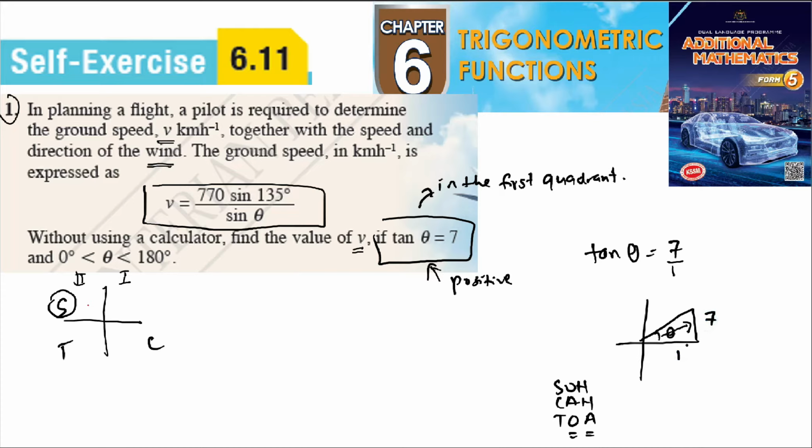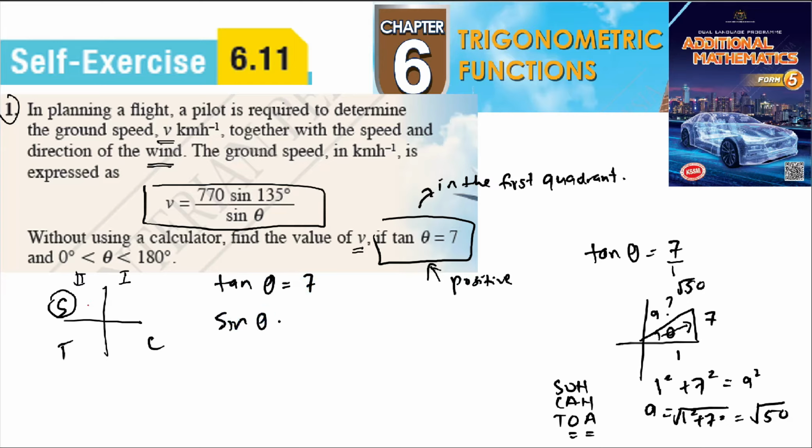So here, to get the hypotenuse, we know that 1 squared plus 7 squared is equal to, I just give it a squared, right? So a squared is equal to 1 squared plus 7 squared, which is equal to 1 plus 49, which is 50. So this one is 50, right? Now it's given that tangent theta is equal to 7, and we wanted sine theta.